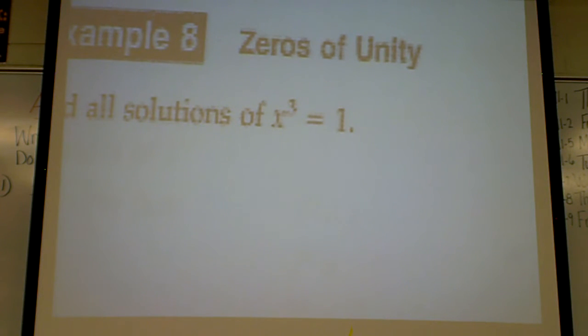I wonder how many of you remember how to factor these, the sum or difference of two perfect cubes? Do you guys remember how to factor these?